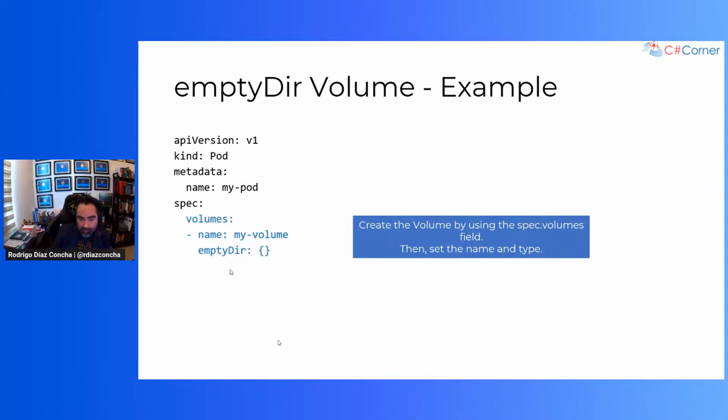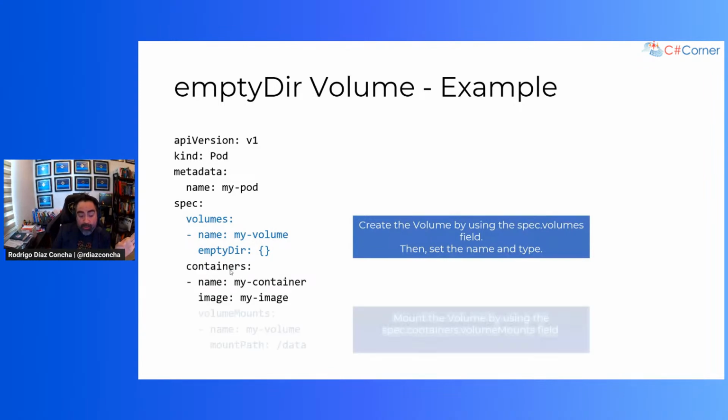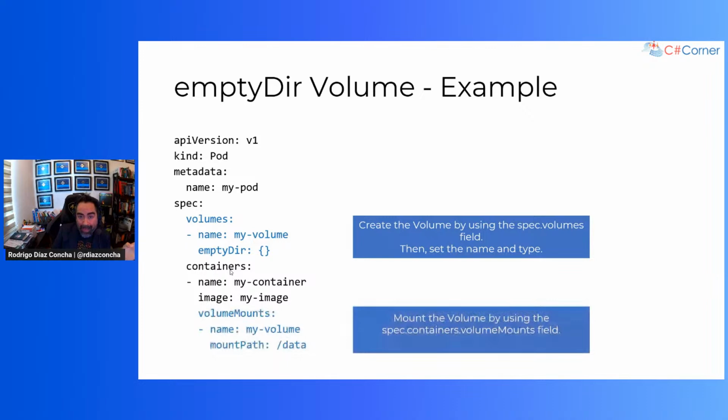You specify the volume, and then inside the containers element, you can use the volumeMounts field to map the volume to your container instance, okay? So in this particular case, I'm using the my volume, okay?